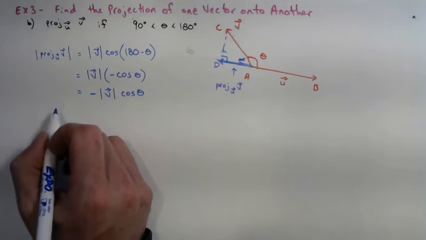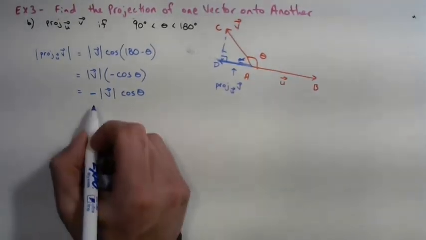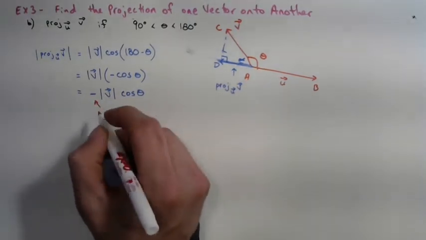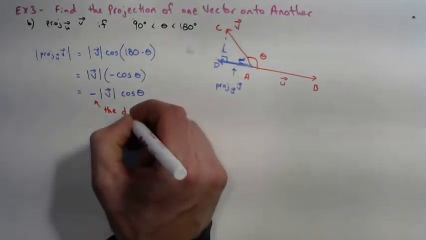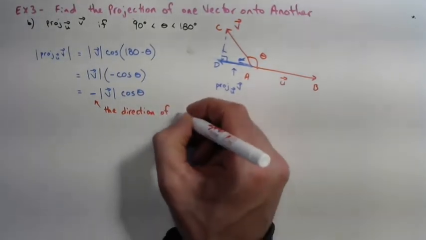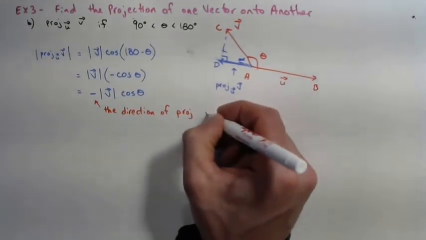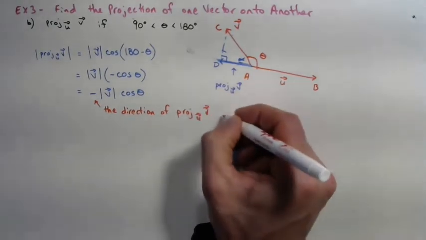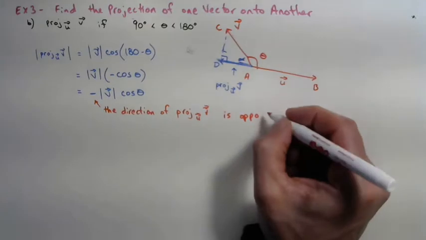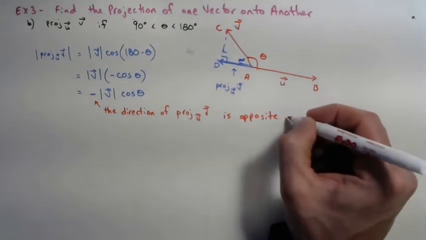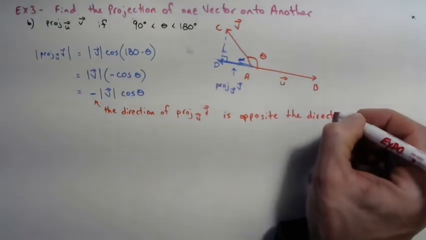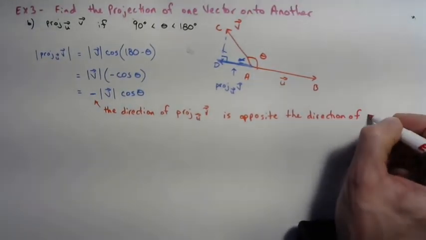The direction, maybe put it in red. The direction of the projection of v onto u is opposite the direction of u.